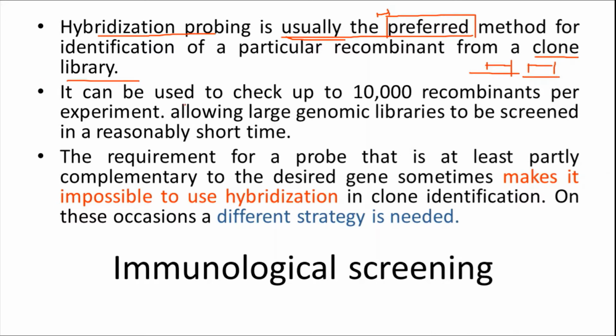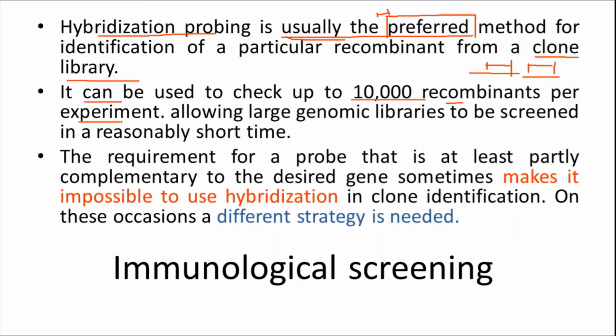In a single selection procedure by hybridization probing, we can identify a maximum of 10,000 recombinants. We already learned the blue white screening. The blue white screening also detects the range of 1,000 to 10,000. But we are manipulating millions of cells. Even 5 ml of culture contains millions of cells.